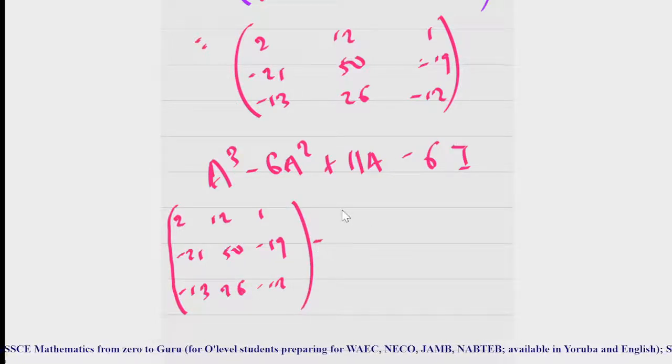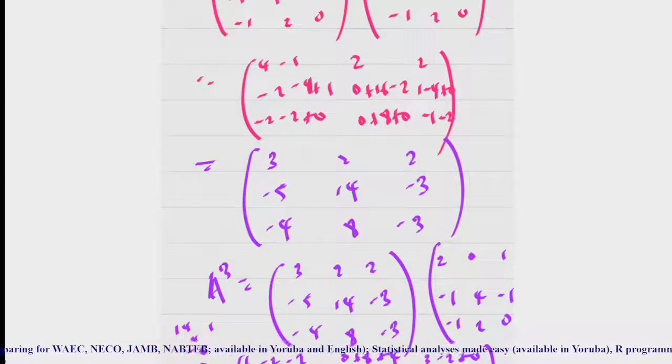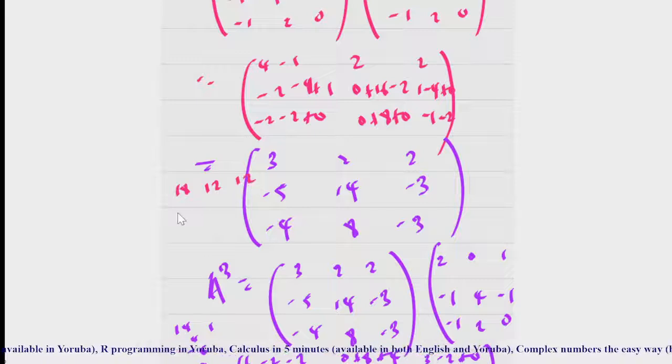Then minus 6 times A squared. Let me just multiply it there so that I don't stress myself. If you multiply this by 6, this is going to give me 18. So 6 times 3, that is 18, times 2, 12. 12 minus 30.